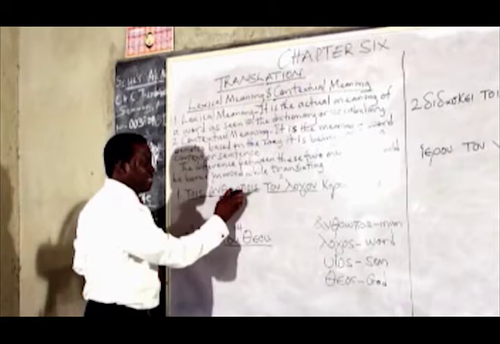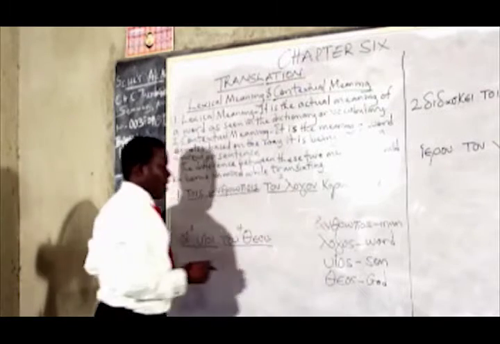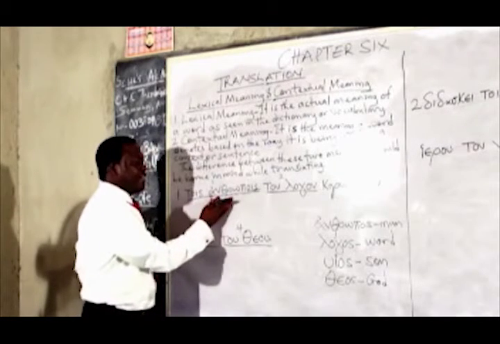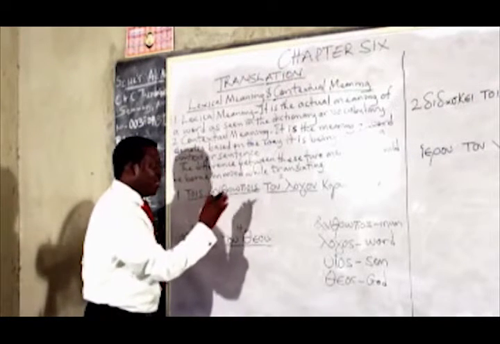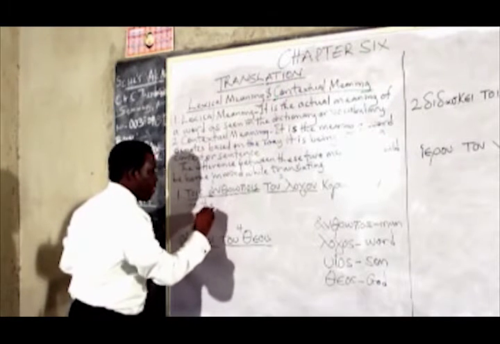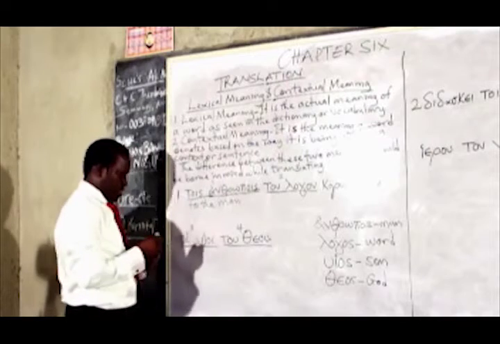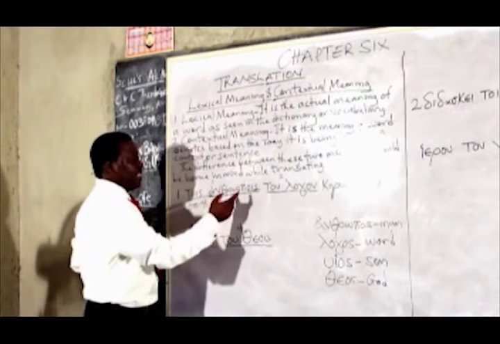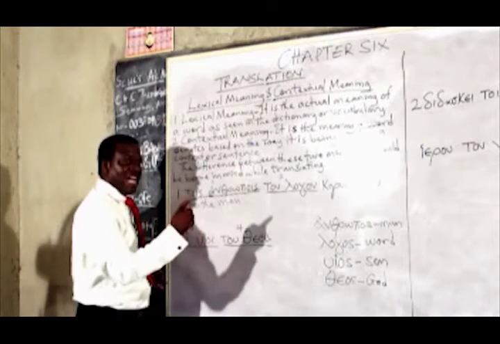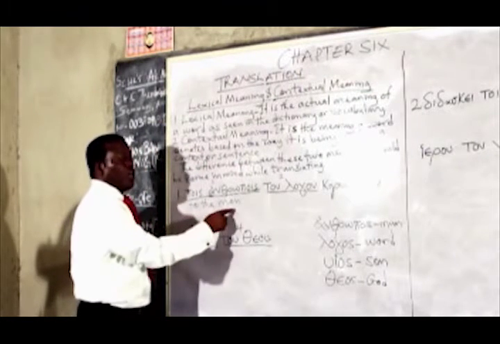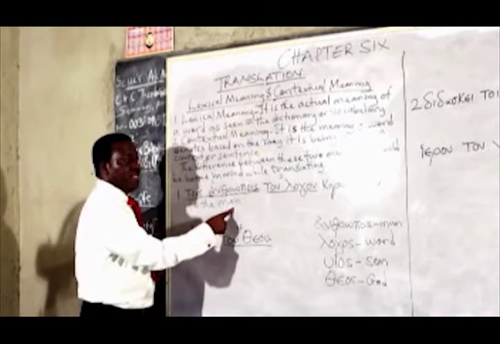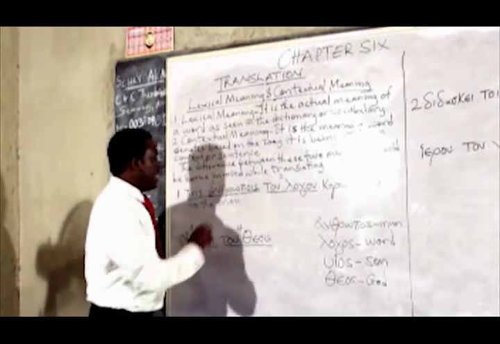Now, if this word means man, ordinarily, and in dative plural, that means the men, then since dative is indirect object, this word will be translated to the men. Because in Greek, dative is equivalent to indirect object in English. And an indirect object in English will supply to or for to join the word. And since it is plural, that's why I said to the men. That's what we have in this one.